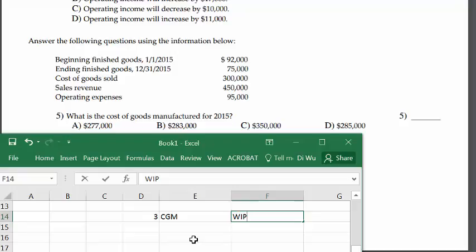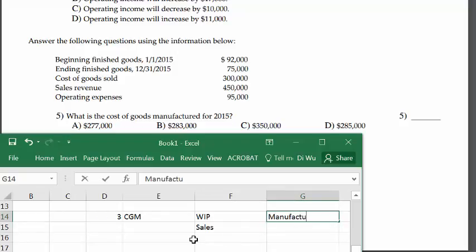So therefore, that's one place you can find a CGM. The second one is about sales. Okay, so these are the two places you can find a CGM.